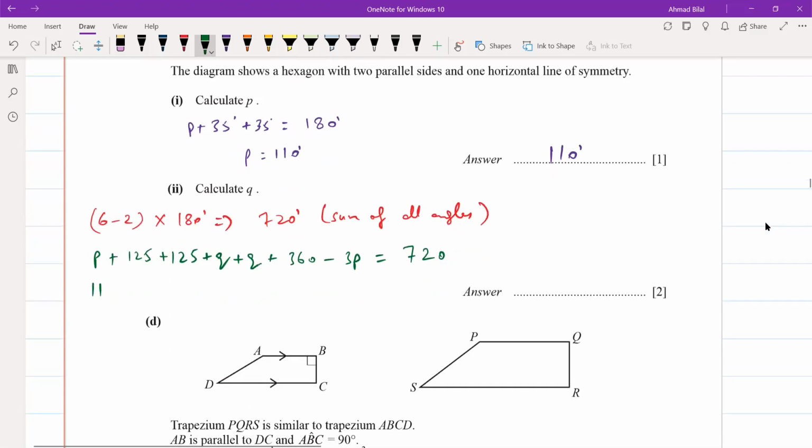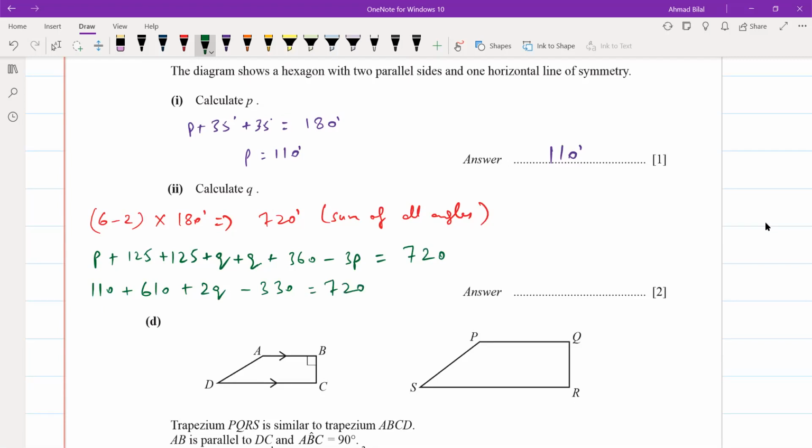We have 110 plus 125 plus 125 plus 160... वो कितना बनता है? 150 and 360. नहीं, 250 and 360. That will be 610 plus 2 times q minus 3 times p. ये कितना हो गया? Minus 330 equals 720.